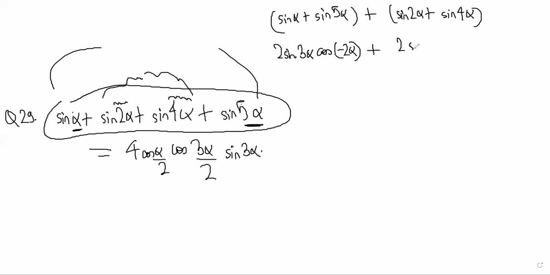Plus 2 sine 3 alpha, here also, cos of minus alpha. Yes, sir. So 2 sine 3 alpha can be taken common now. And this will become cos 2 alpha plus cos alpha, right?